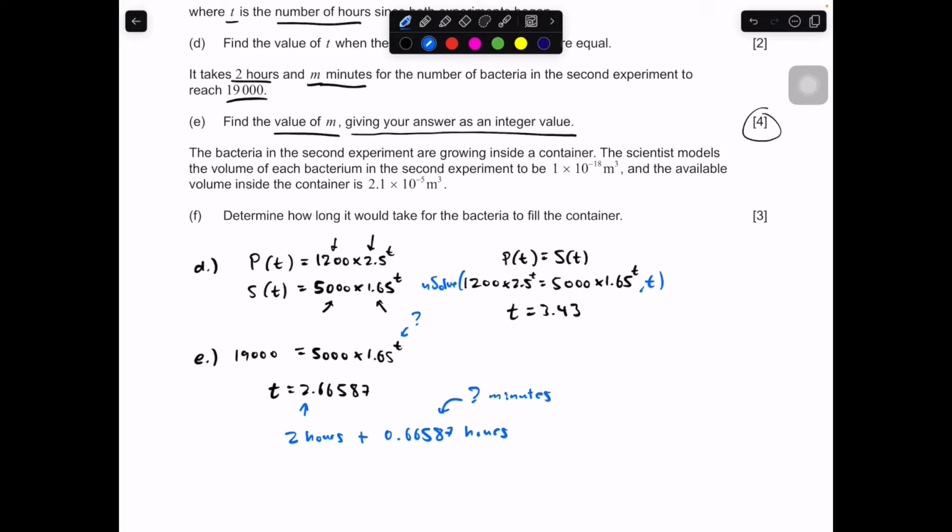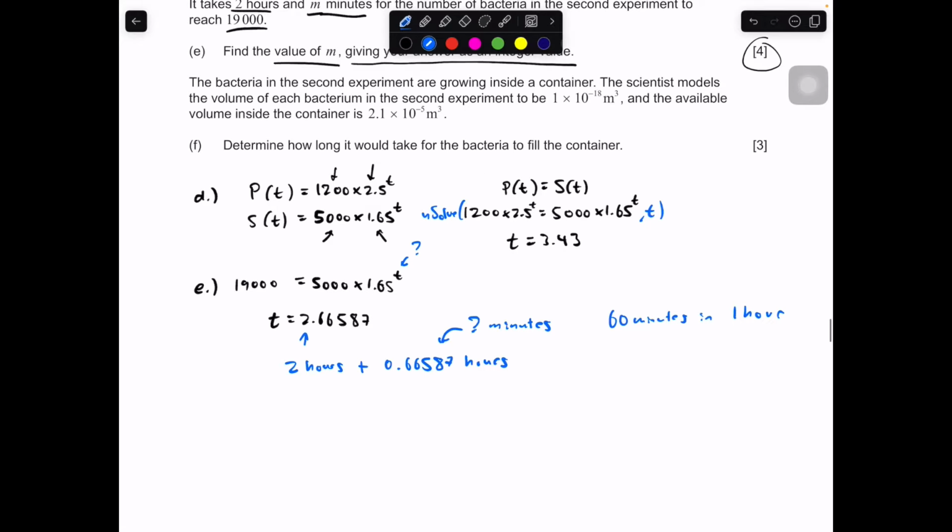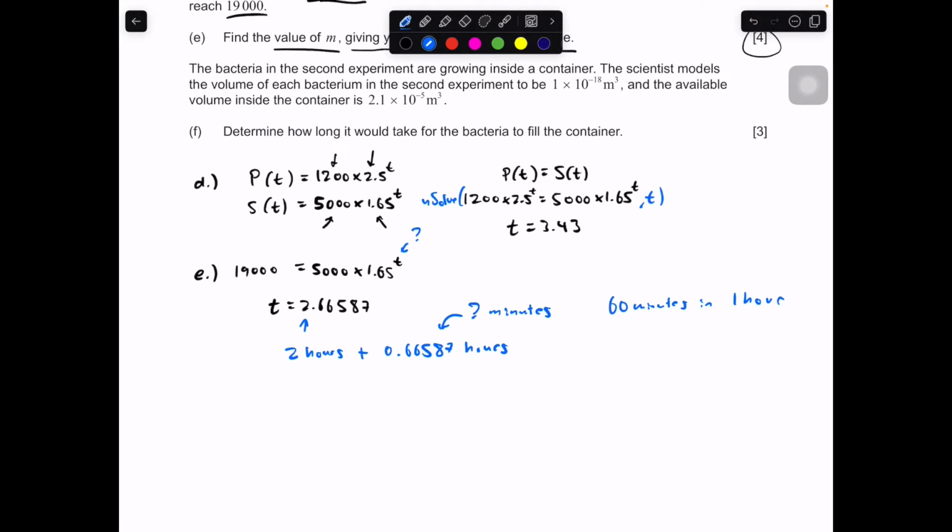If we know that there are 60 minutes in 1 hour, what fraction of this 60 minutes do we have? So how can we write this? 60 minutes in 1 hour, we have 0.6658 of an hour.